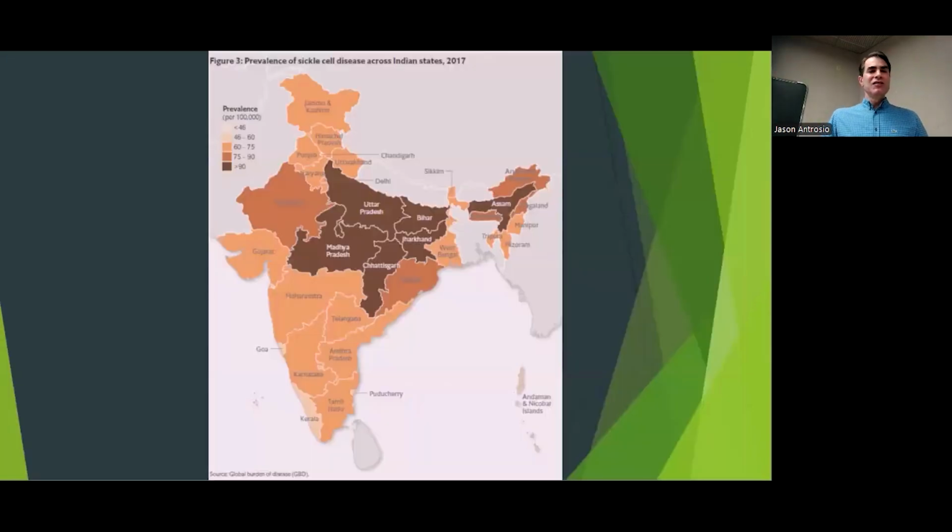Same thing in India. In India, again going along with irrigation and malaria, there are areas where there are high sickle cell trait concentrations. Again, it is not a race-based trait. It is something that comes about whenever there are populations exposed to malaria, and then this becomes perhaps adaptive.